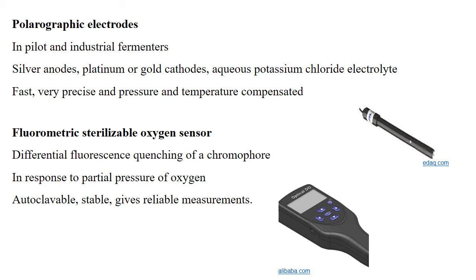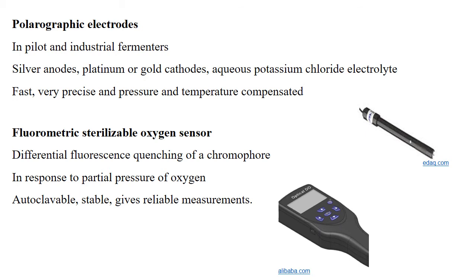The next type of dissolved oxygen electrode is the fluorometric oxygen sensor. Here, the sensor utilizes the differential quenching of the fluorescence lifetime of a chromophore. The fluorescence of this chromophore will be quenched by oxygen molecules, resulting in the reduction of fluorescence. Thus, it is possible to obtain a correlation between fluorescence lifetime and the partial pressure of the oxygen.